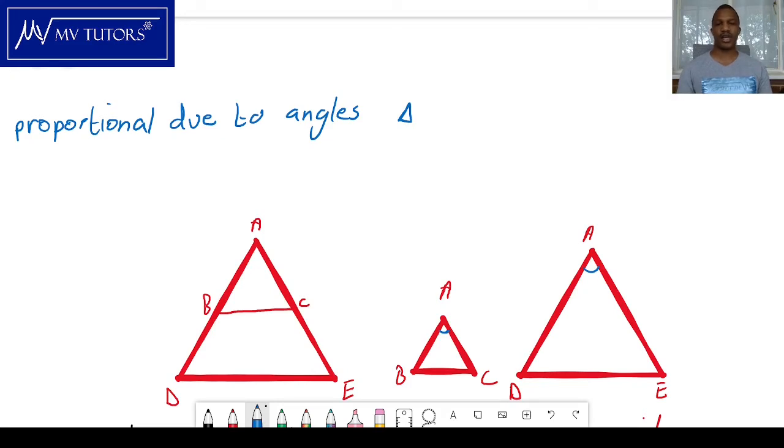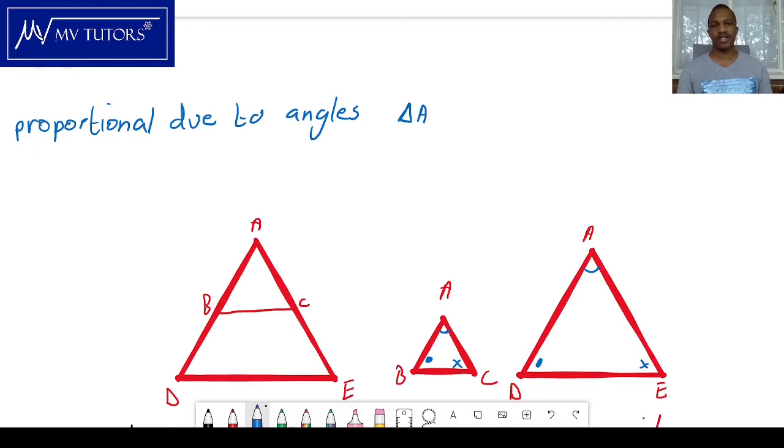So you can say angle A is equals to A, and then you can say B is equals to, I mean to D on the big one, and then you can say C is equals to E, right?